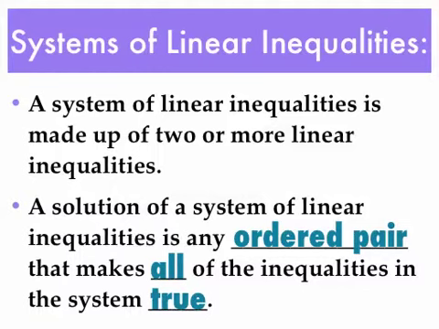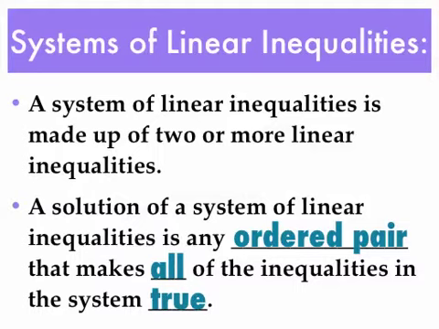And then we've had linear inequalities, where we graph a line using either a dashed or a solid line, and then we shade either on top or bottom of that line, depending on what the inequality is. What we're doing now is we're taking two or more linear inequalities, and we're trying to solve for both of them simultaneously.